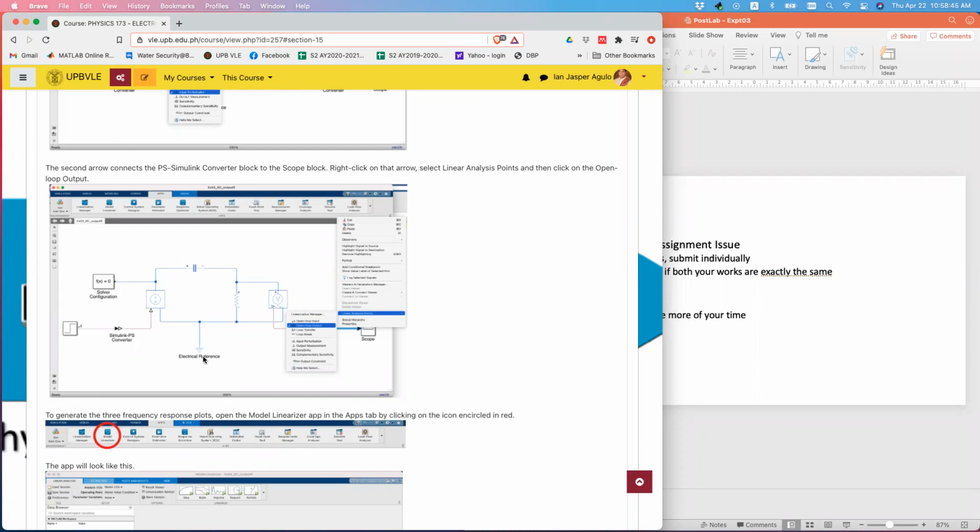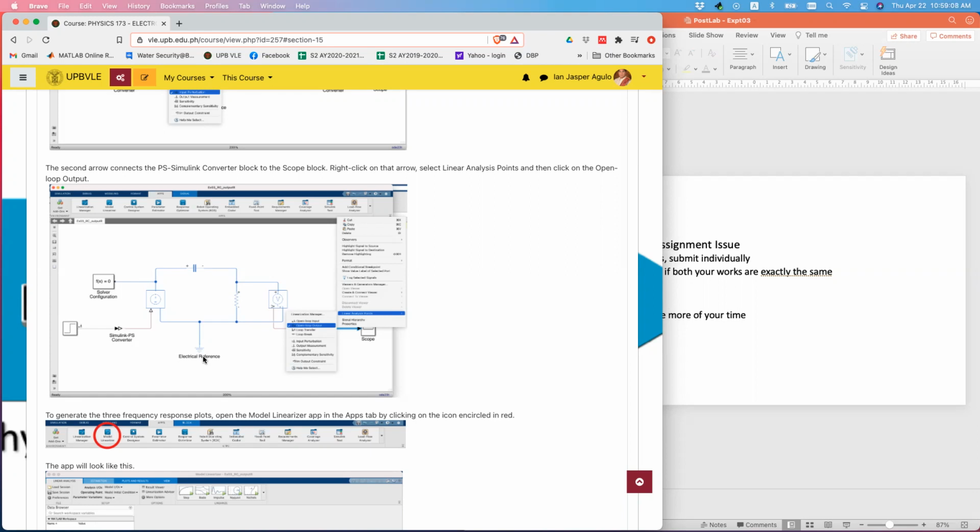So meron kayong frequency generator, kayo na magsascan from 100 Hz hanggang sa 1 kilohertz o 10 kilohertz. Okay, titignan niyo yung experimental result doon sa experiment.